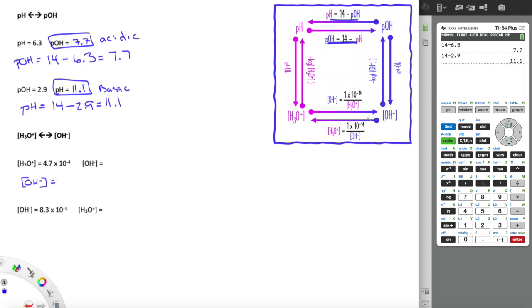Then I'm going to look over here at my pH roadmap. I'm working down here between the two ion concentrations, and I'm going to end up using this top equation right here because hydroxide's by itself, and that's what I'm trying to find. So I'm going to set it up 1 times 10 to the negative 14th divided by 4.7 times 10 to the negative 4th.